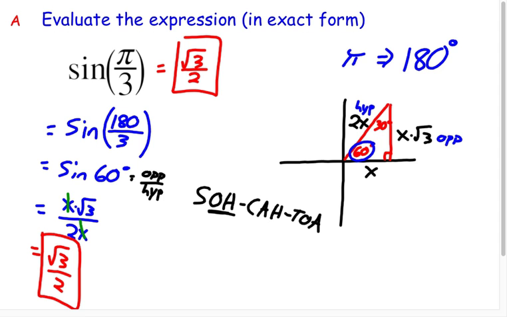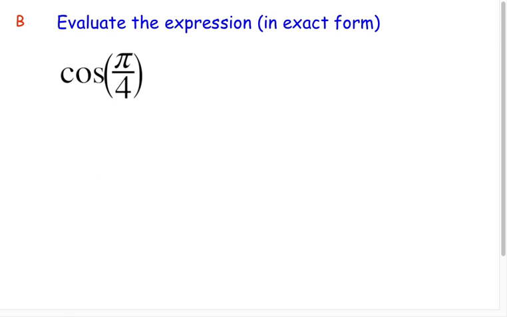Next, though, one last one. If you want to see another one in a different format, here's cosine of pi over 4. Very similar. Again, using the logic that pi is 180, this is like having cosine of 180 over 4. And cosine of 180 over 4 is the same thing as cosine of 45, because 180 divided by 4 is 45.